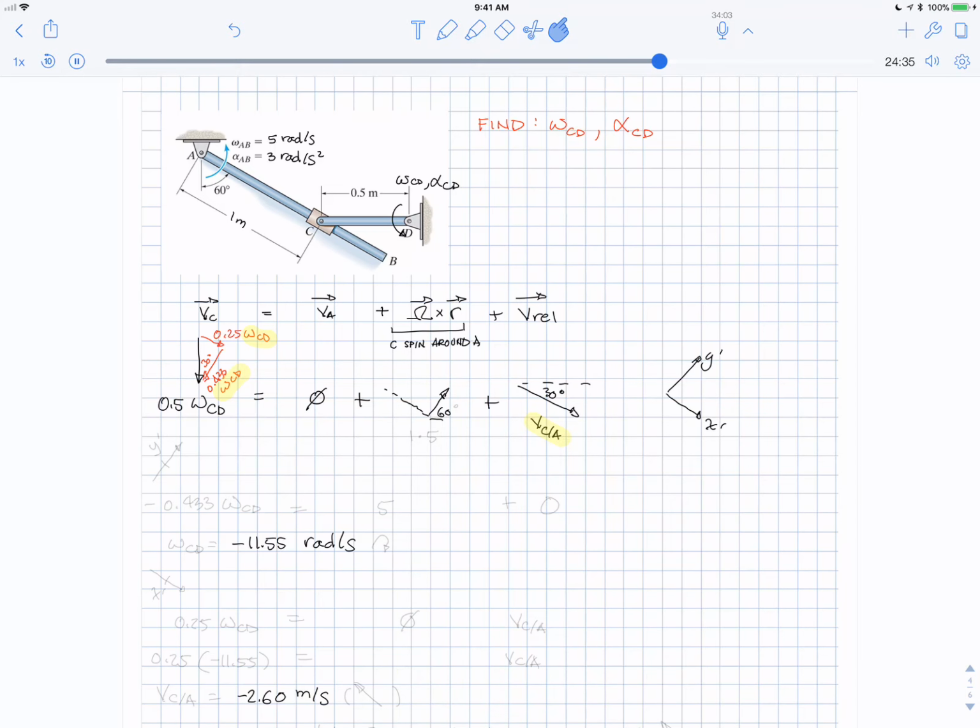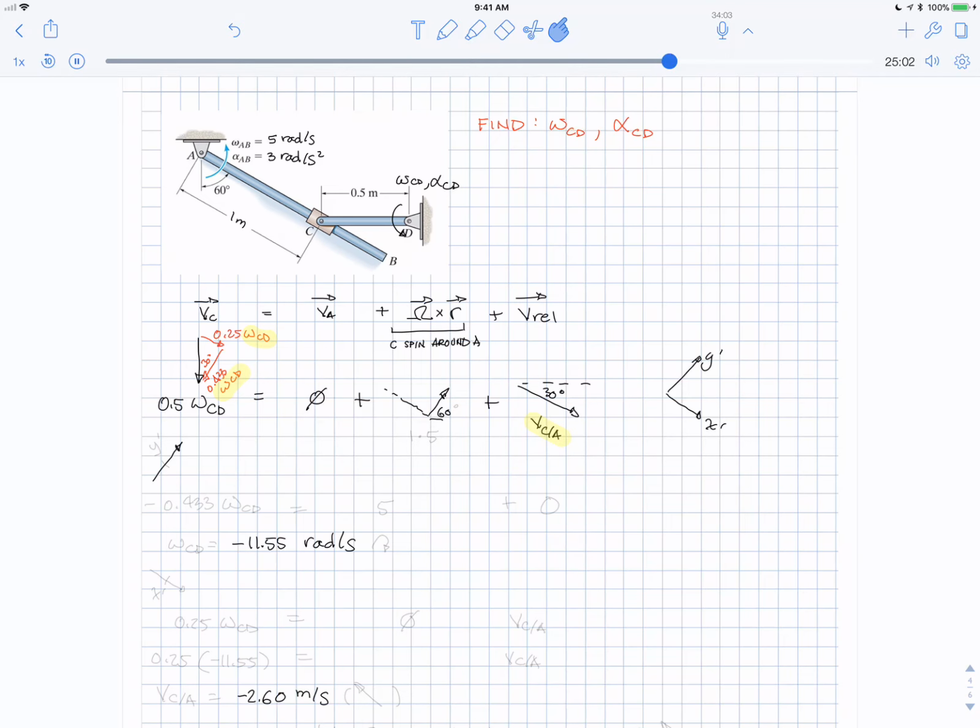So let's solve this. Before we solve this, I went ahead and highlighted the unknowns. I noticed that in the x direction, there's an omega CD component and a VC relative to A. But in the y direction, the only unknown is omega CD. So I'm just going to solve the y direction first.